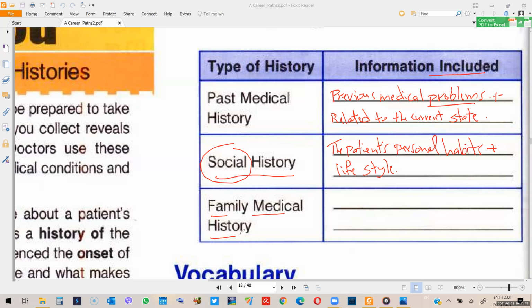So we are going to ask about conditions which are likely to occur in a particular family.